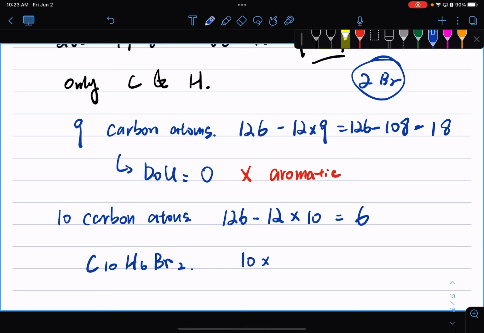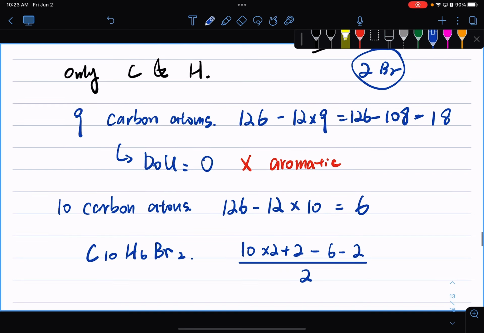It's 10 times 2 plus 2, so that's our baseline, minus 6 minus 2, divided by 2. That's 22 minus 8, so we have 7 degrees of unsaturation. Now, in these 2 possibilities, the only one that is correct is our 10 carbon atom one. So by only looking at the mass spectrum, now we know the molecular formula of this mysterious molecule.